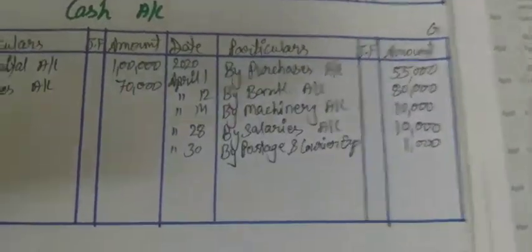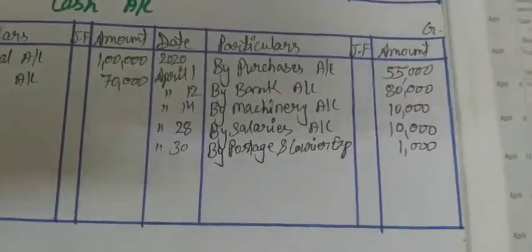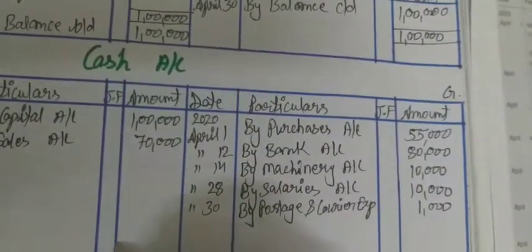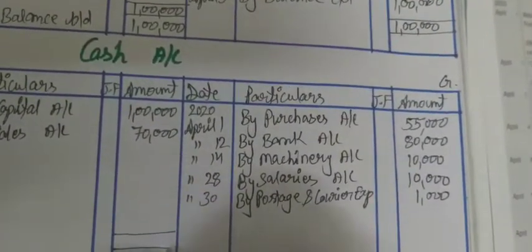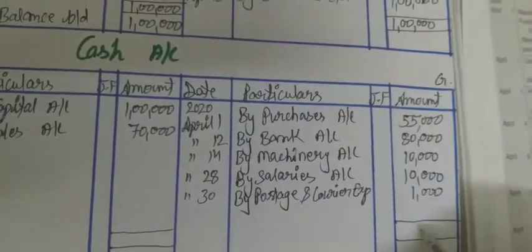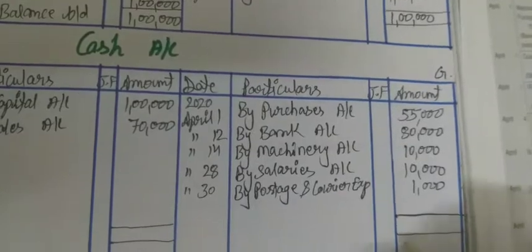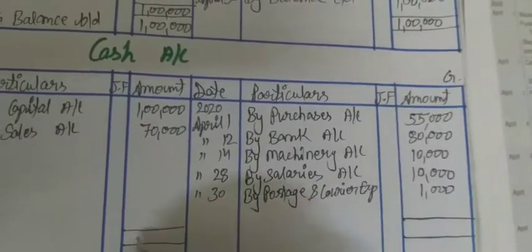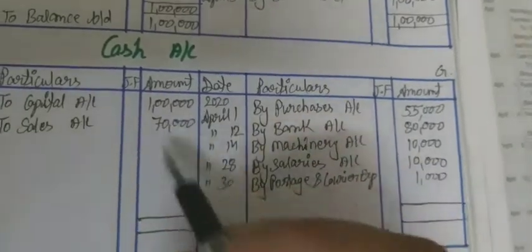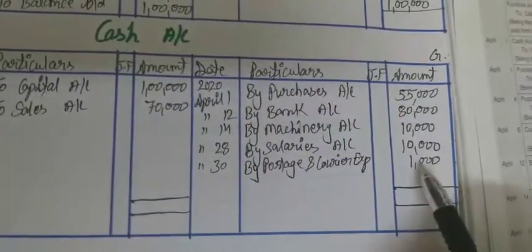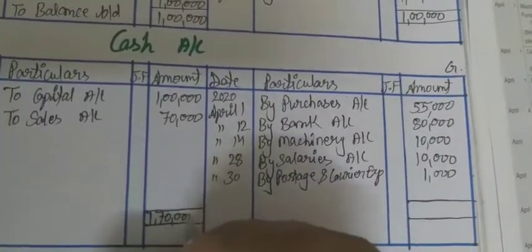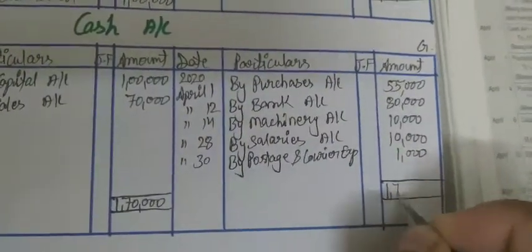Okay, now after this, students, we have to do the balancing. If we're doing balancing, we can see the debit side total and the credit side total. This side total will be more in comparison to this one. So 1,70,000 and 1,70,000.